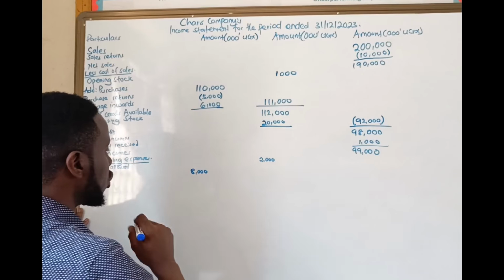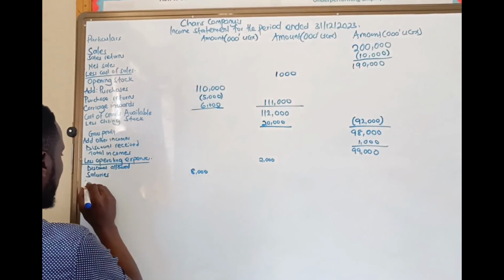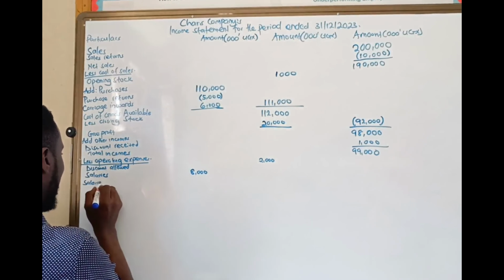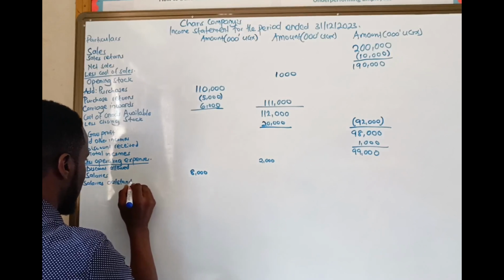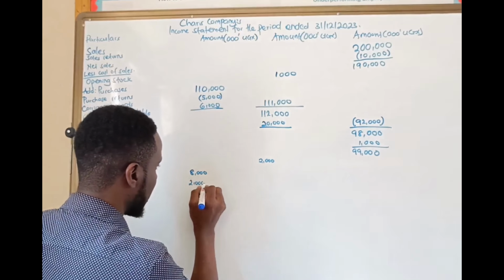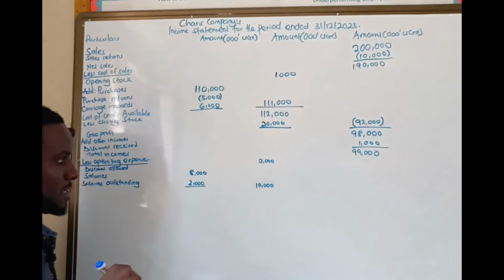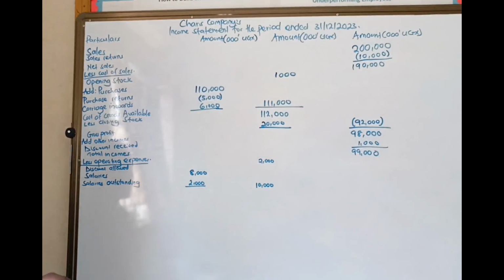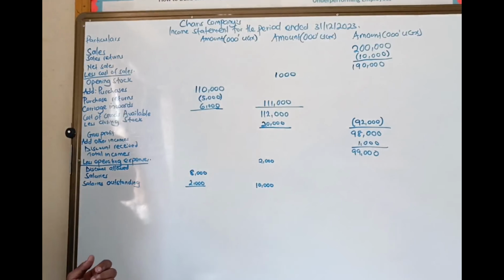Then, remember, I told you when the salaries are accrued or outstanding or due, then we add them. So we shall have our salaries outstanding. These are end year adjustments, so you put a 2,000 here. So we have a total of 10,000.